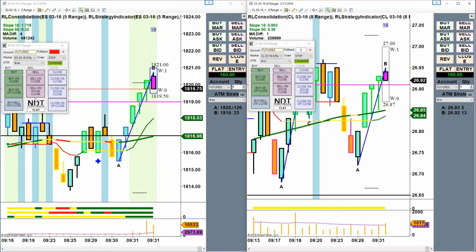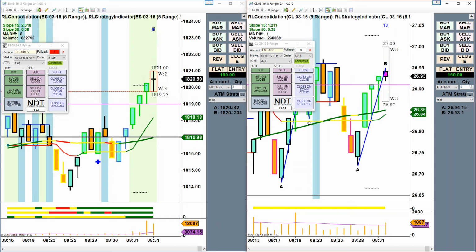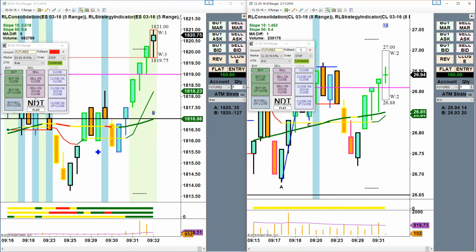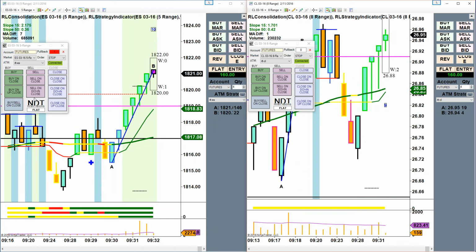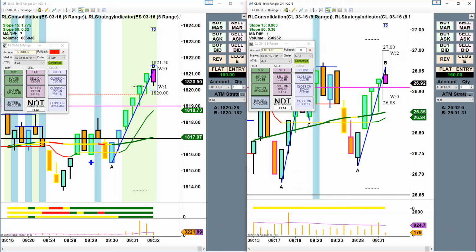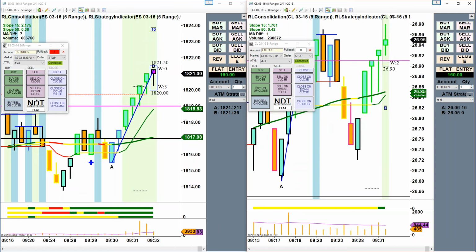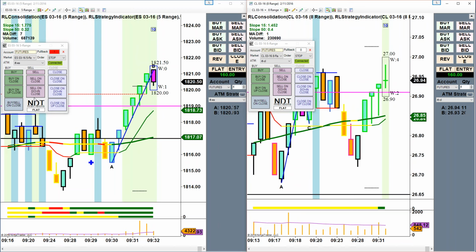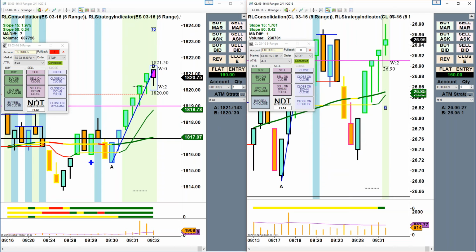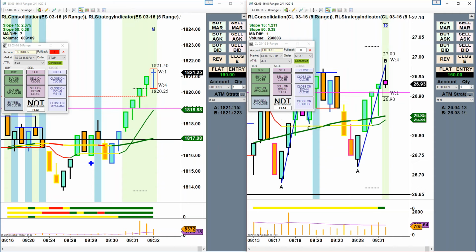We need a down close. We can also take a pullback on crude and a continuation long.